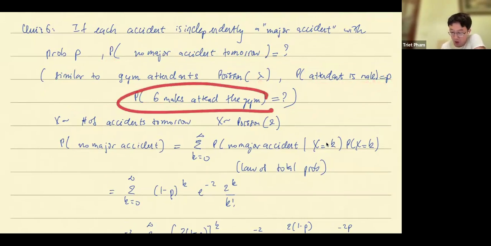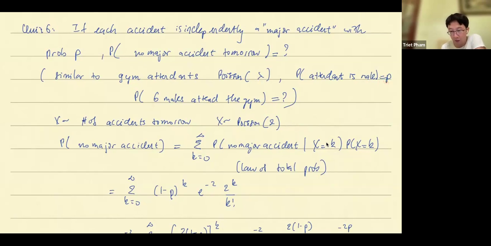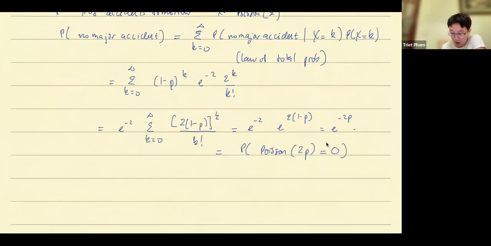So the answer here will simply be the probability that Poisson lambda times p is equal to 6, and then you can write it down, whatever that is. Of course, the proof that the number of males attending the gym, or the number of major accidents on a day, is Poisson with rate lambda times p is not a big thing, but it's something that we'll be proving rigorously in the next chapter. Anyway, any question about this?